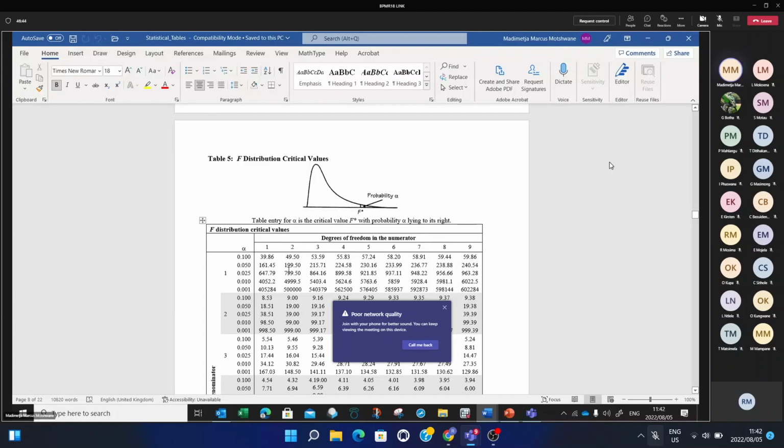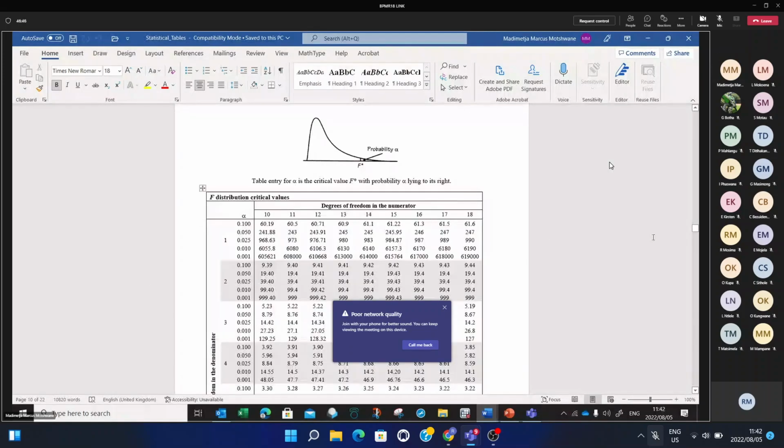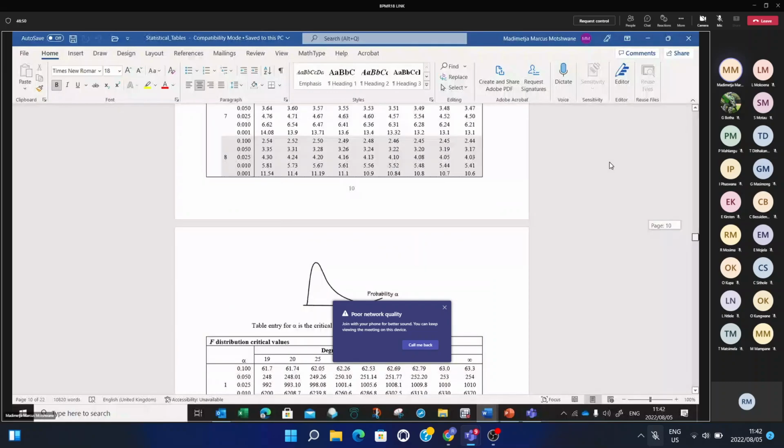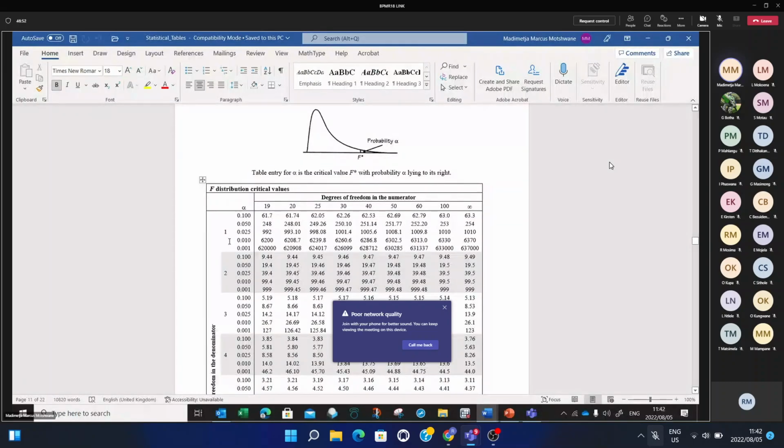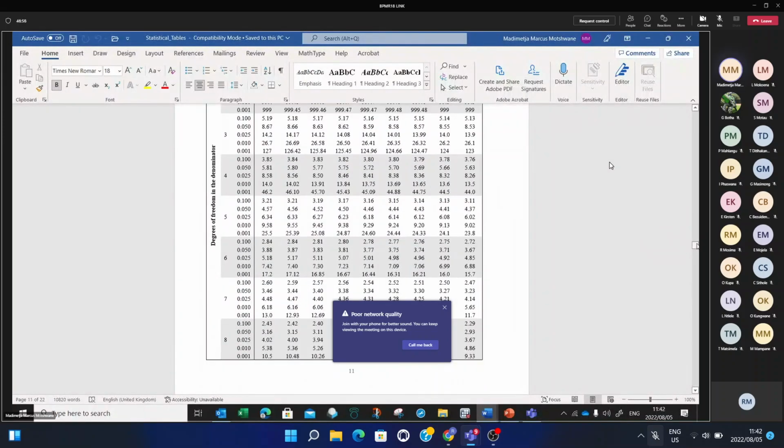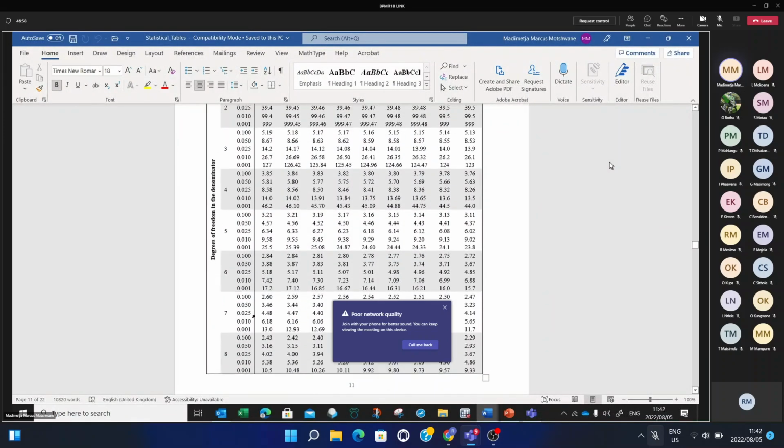There's no 25. We move on. There's a 20 here as your numerator, but there is no 25 as the denominator. Look at the denominator along this column. There's no 25. So it means we must move on to the next one again.